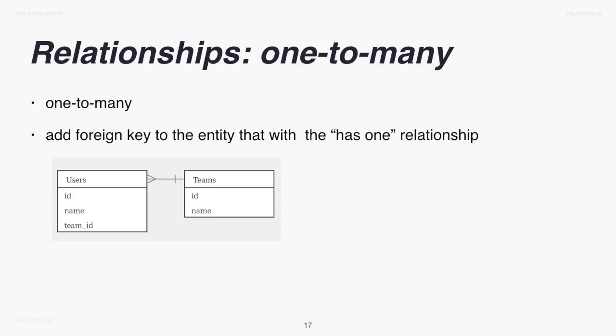So team ID in the users table is the foreign key, and it corresponds to the primary key of your teams table. Let's say I have a user 1 named YN, and my team ID is 1. That means in the teams table, there's going to be a team with the ID of 1. Is that any clearer?